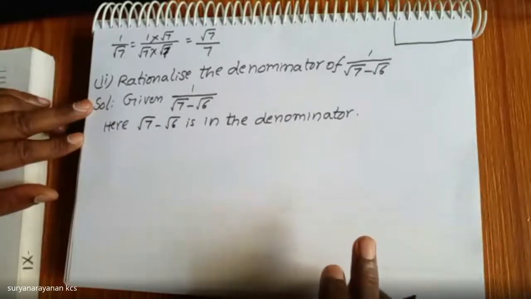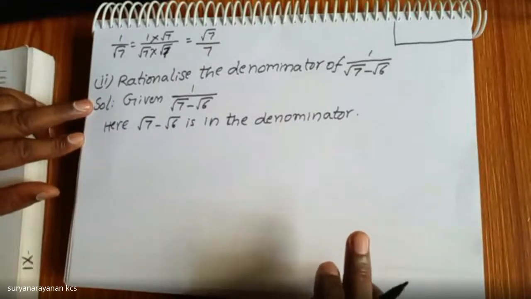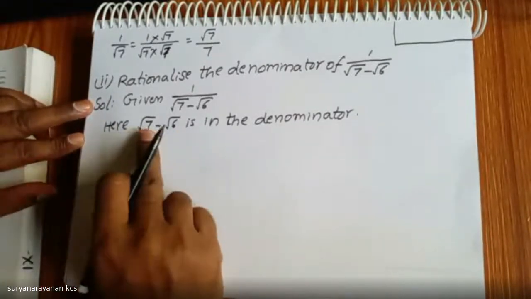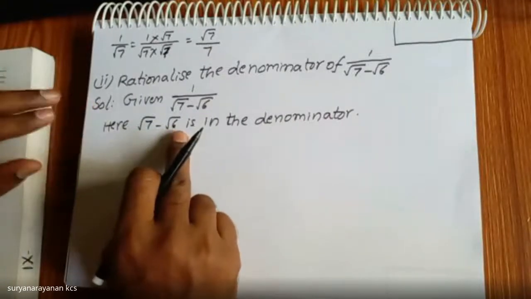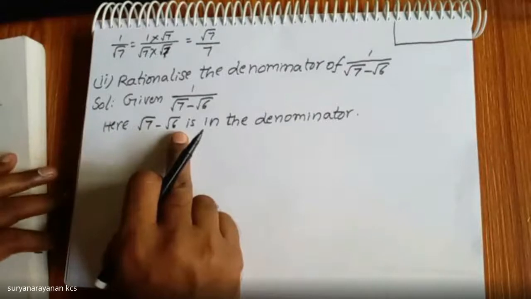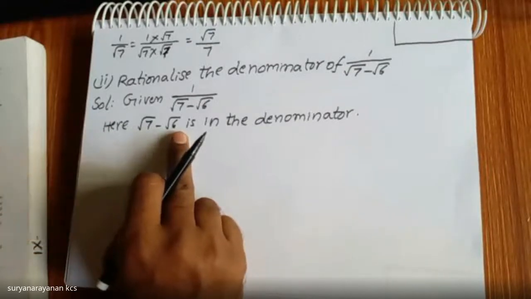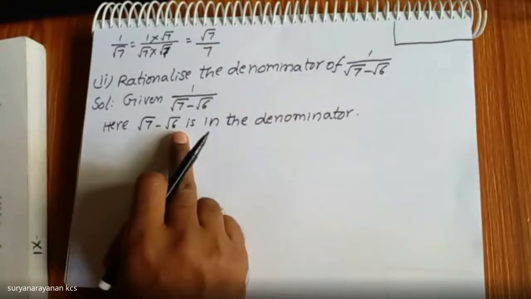Yes, my dear Ayush, can you tell me what is the rationalizing factor of root 7 minus root 6? If any one of you know the answer, just raise your hand. Then I will give chance to everyone.